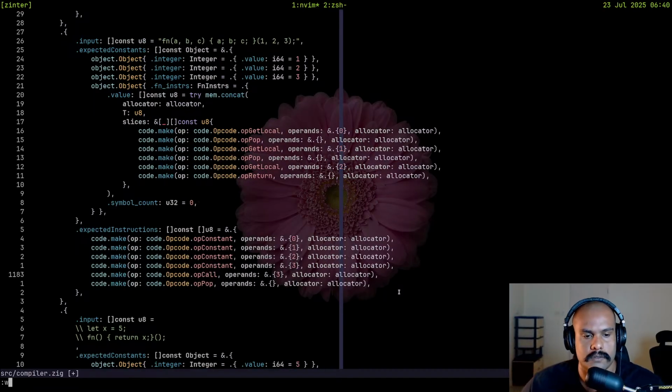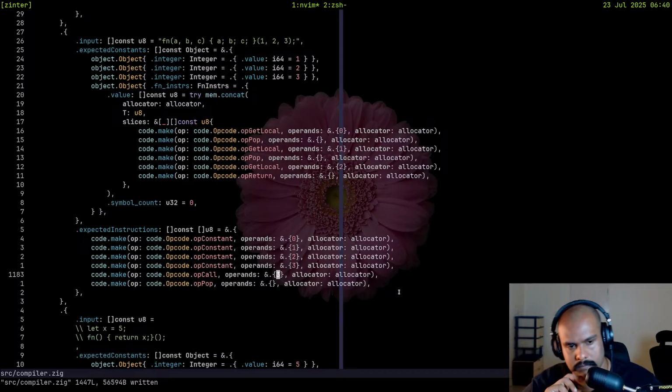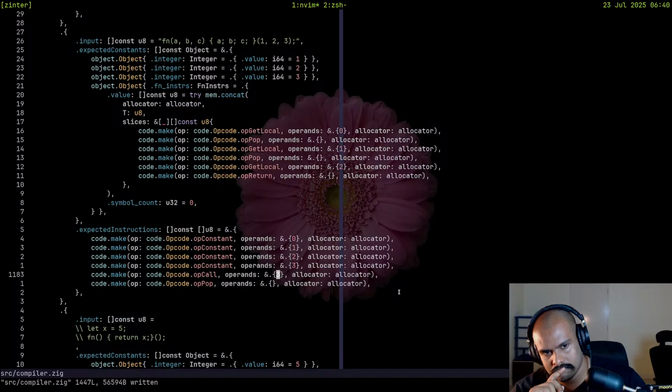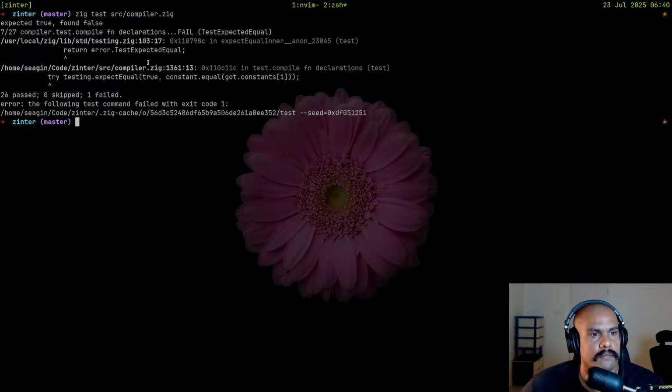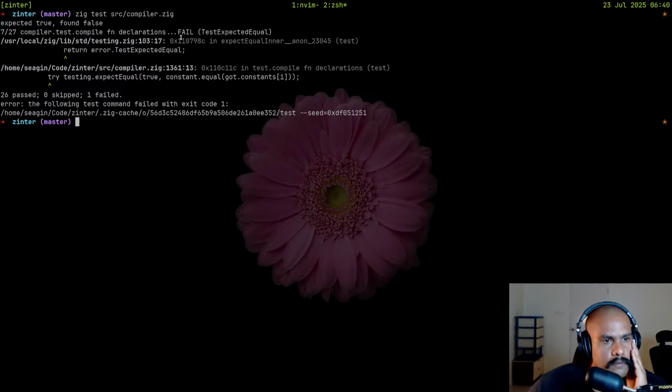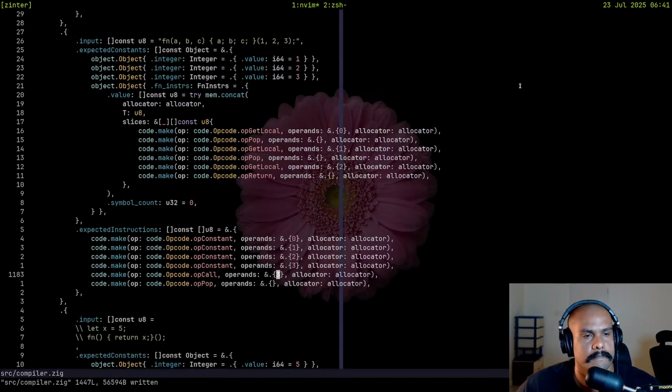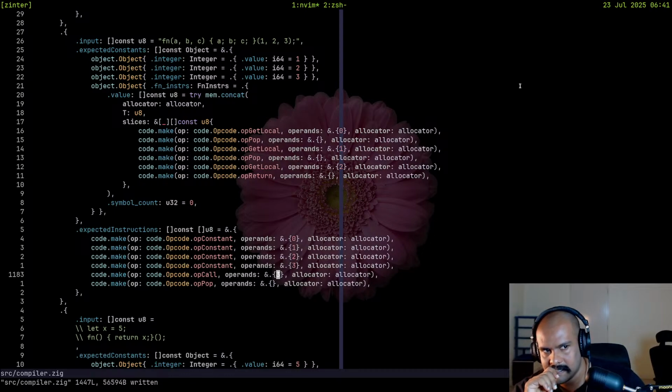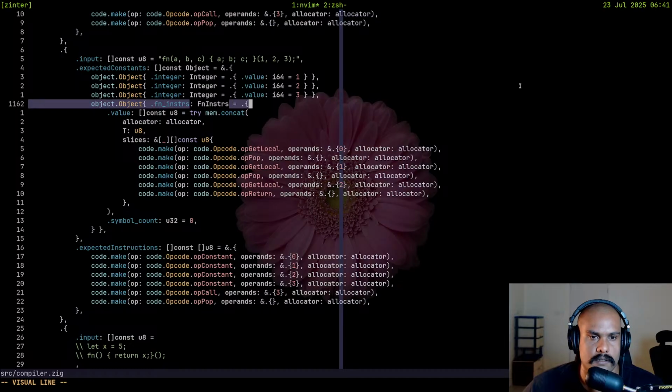Oh no, that's the argument count. Constant dot equal got dot constant survive. It's a guess, it's just a guess.